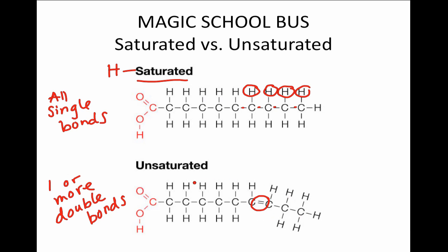So there are actually less hydrogen in unsaturated fat than there is in saturated fat. And the crazy thing is this double bond causes a kink, an actual physical kink in the structure of the unsaturated fat.